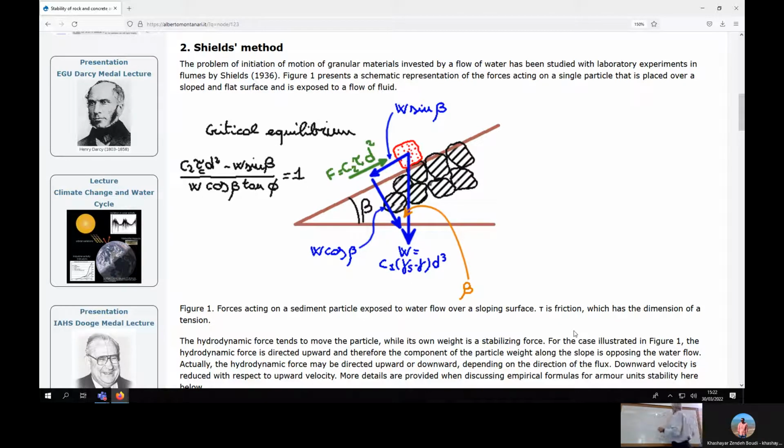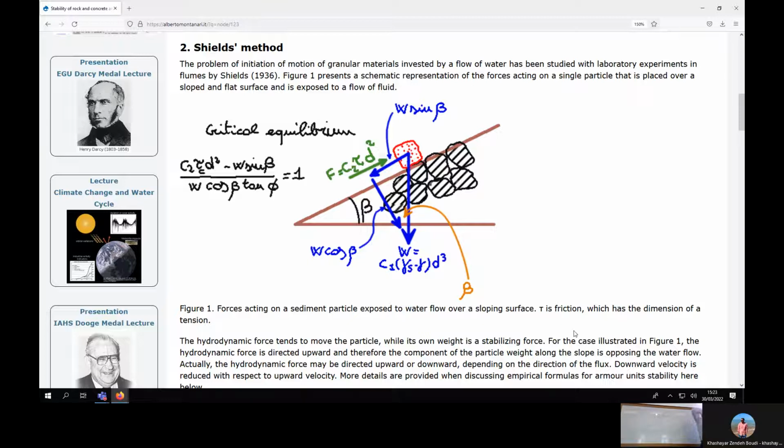It is a tension. And then we have a characteristic dimension D, which, if this was a cube, is the side of the cube, squared. Why squared? Because the forcing is proportional to the area of the surface that is invested by water, and therefore you square the characteristic dimension.